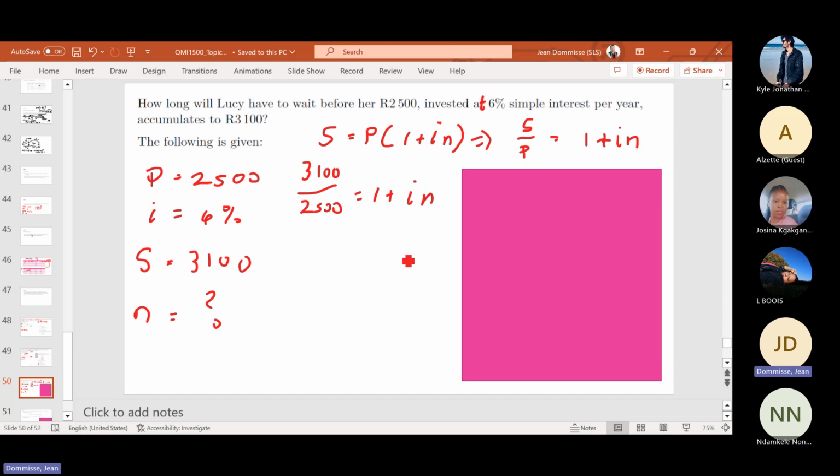Then I'm using a bit of maths. So let's try: what is 3,100 divided by 2,500? 1.24.